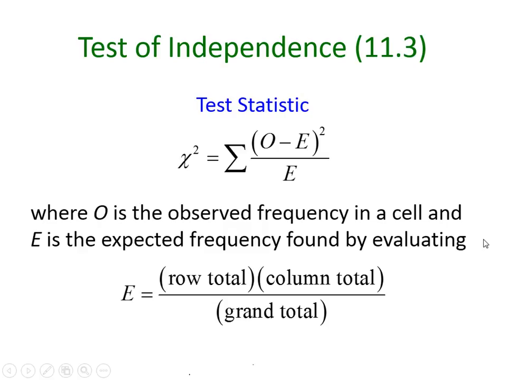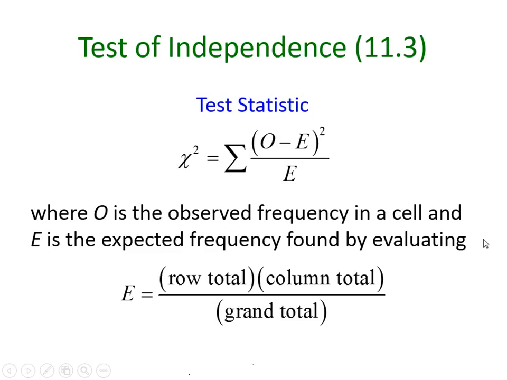To figure out our test statistic, the chi-squared value, it is the sum of the squared difference between what was observed and what was expected, over what we expected, where O is the observed frequency in a cell, and E is the expected frequency. The expected value is the row total times the column total divided by the grand total.